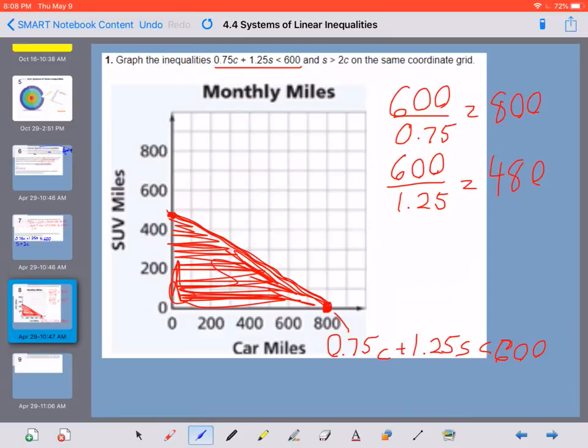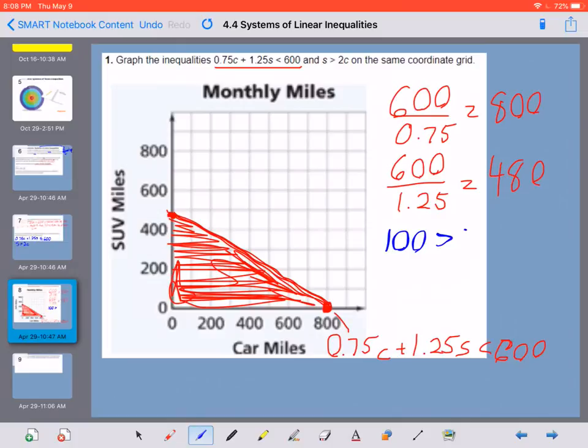Now when we graph this next one, S is greater than 2C, we've got to put in some points and see what they could be. Well, if I put in, let's say, 100 for S, that means that 100 has to be greater than 2 times C. So C could be anything less than 100.